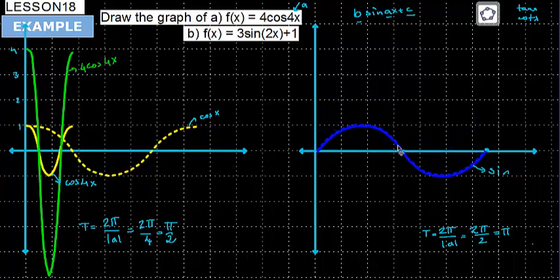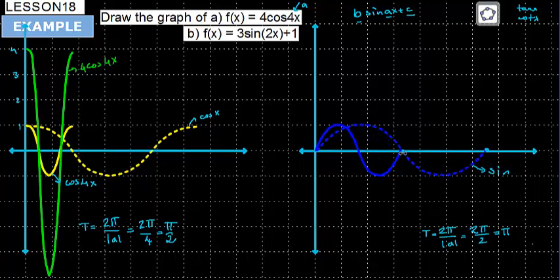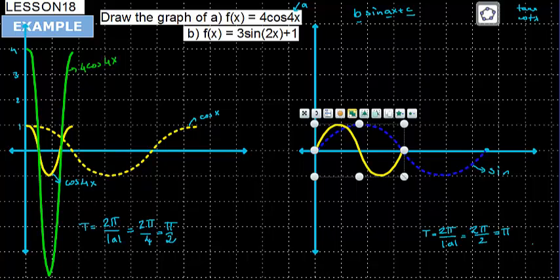Here, and I said I'm going to make it smaller, this one like this here, and the graph here, if I change the color, this is the sine 2x graph. But the question is not asking sine 2x, it's asking 3 sine 2x plus 1.